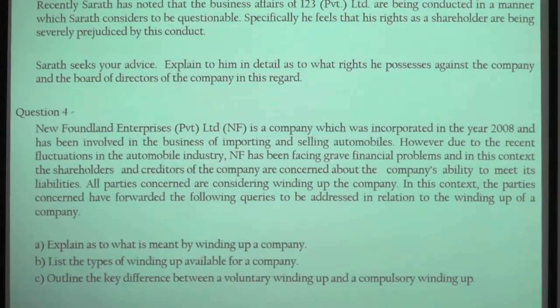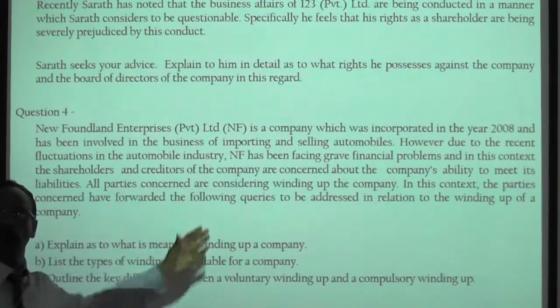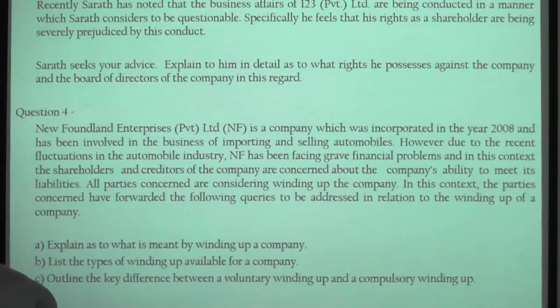List the types of winding up available for the company. Like we discussed, there can be compulsory winding up, and voluntary winding up by shareholders and creditors. But in this case, there is no way that the court would go for a compulsory winding up, because the shareholders and creditors have felt that the company was not running well.